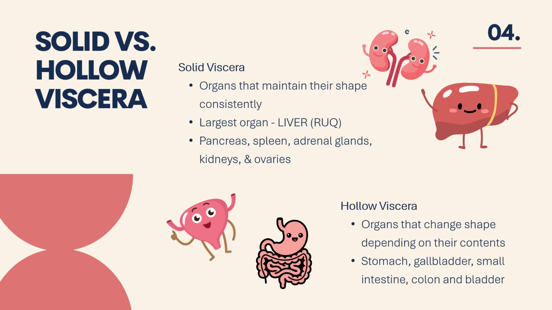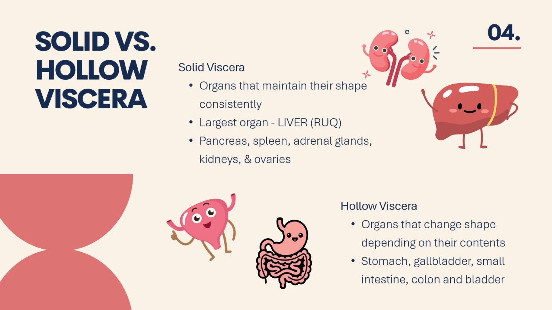They are typically highly vascular, and oftentimes they do involve the endocrine and metabolic functions. If you were to have pain with a solid viscera organ, the pain's typically going to be like a dull, achy, sometimes poorly localized if it's injured or inflamed. So some examples of solid viscera, that's going to be your liver, your pancreas, your spleen, adrenal glands, your kidneys, and your ovaries, if you have a female patient.